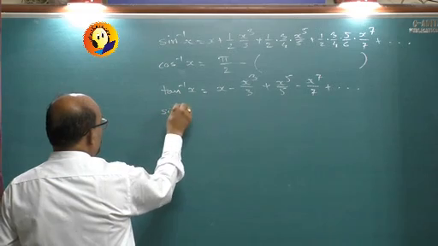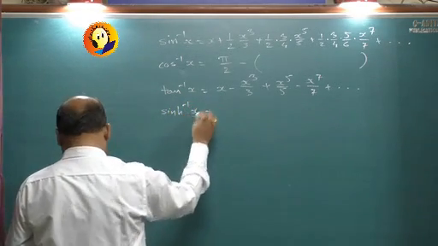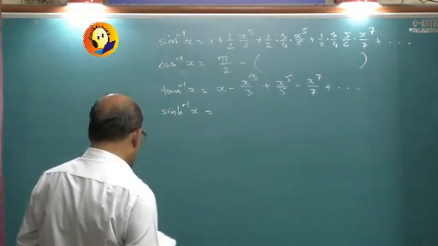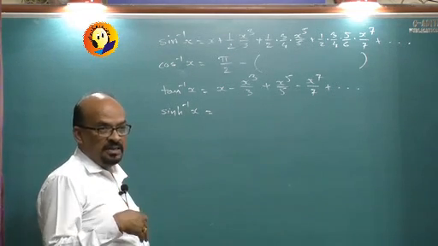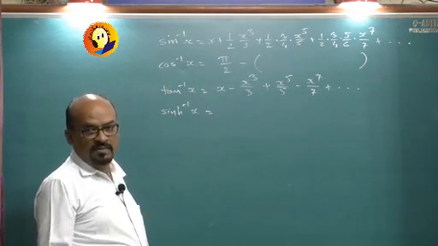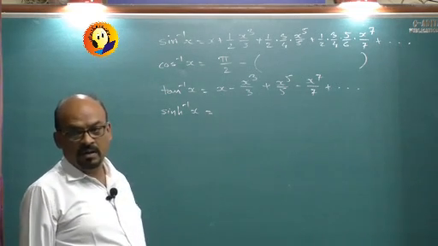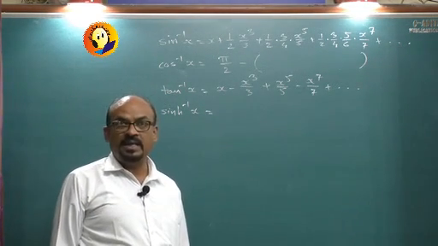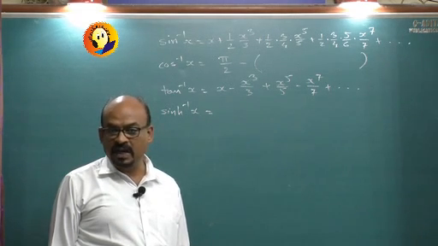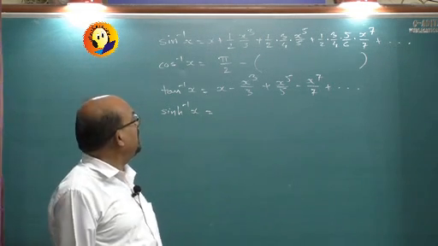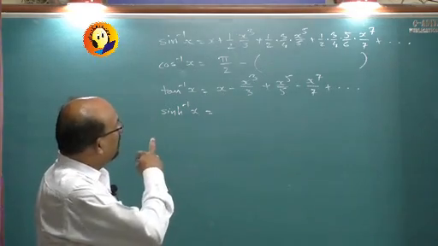What will be the series for sin inverse x? If you recall the series for sine and cos, the same difference is over here. In case of sine series, we had x minus x cube by 3 factorial, whereas in case of sin we had all plus. Now here in case of sin inverse, we have all plus.